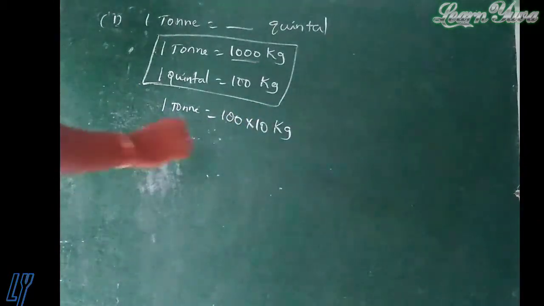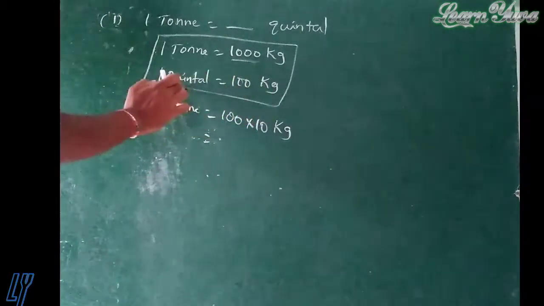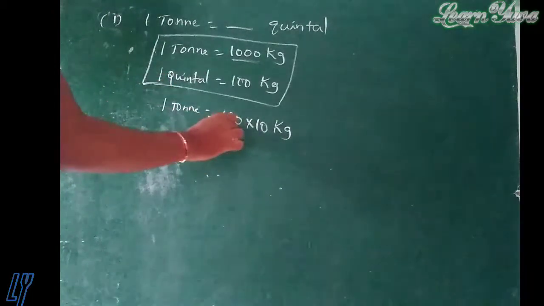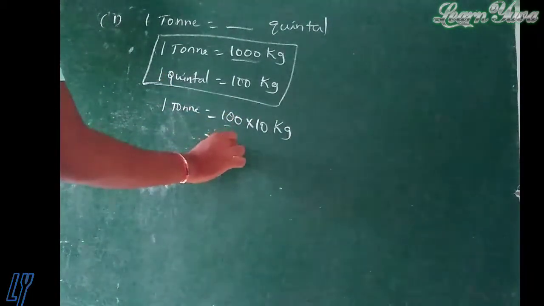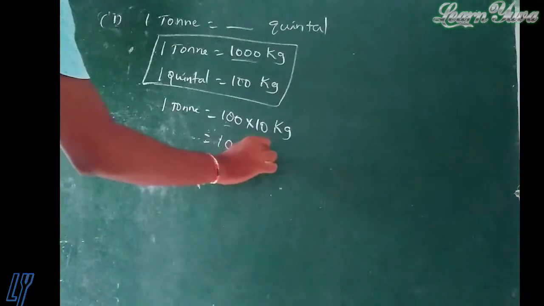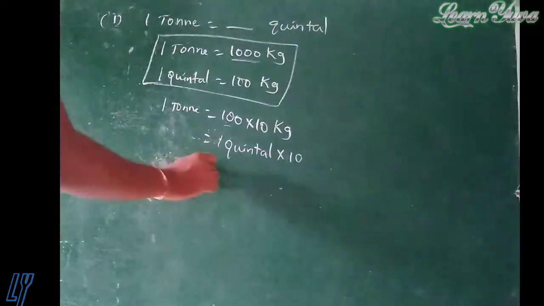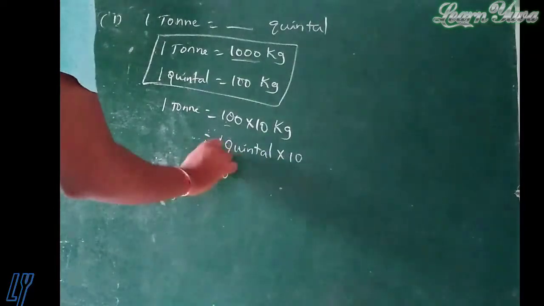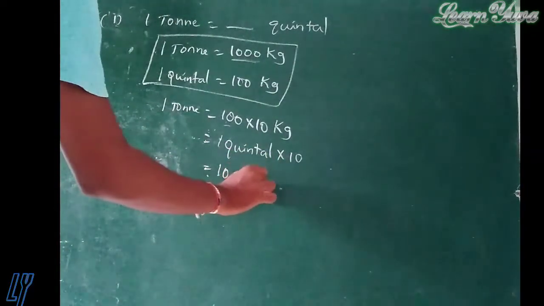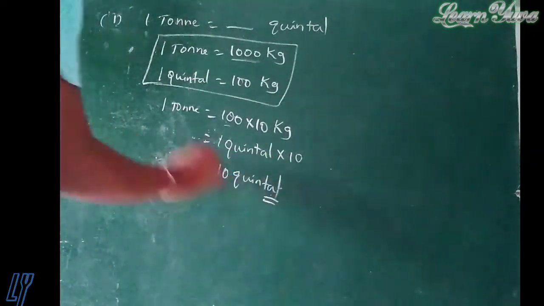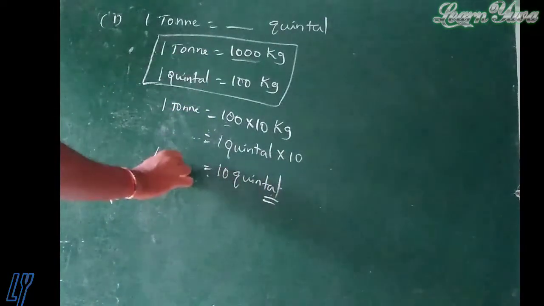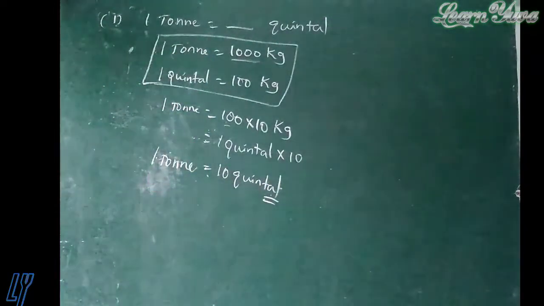Here 100 kg is nothing but a quintal, so instead of 100 kg we can write 1 quintal into 10. That means 10 quintal. 10 quintal is equal to 1 ton.